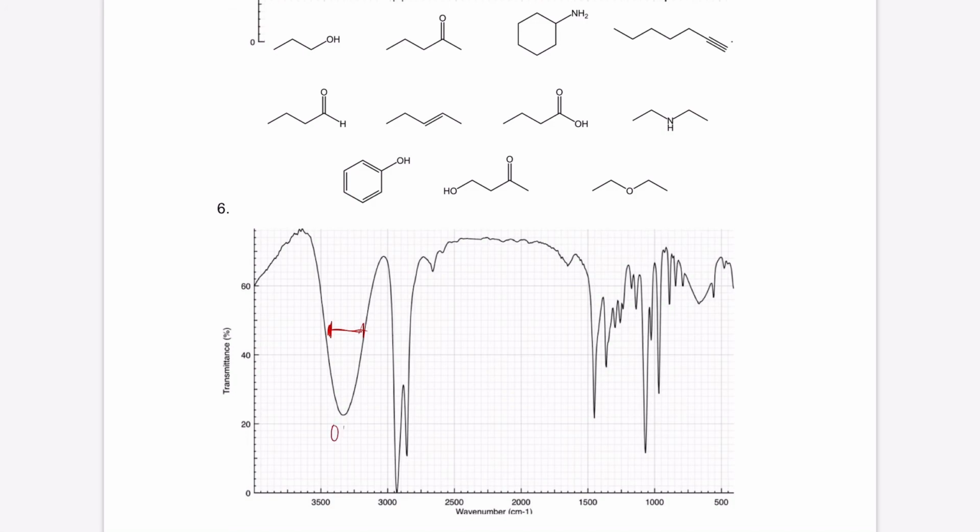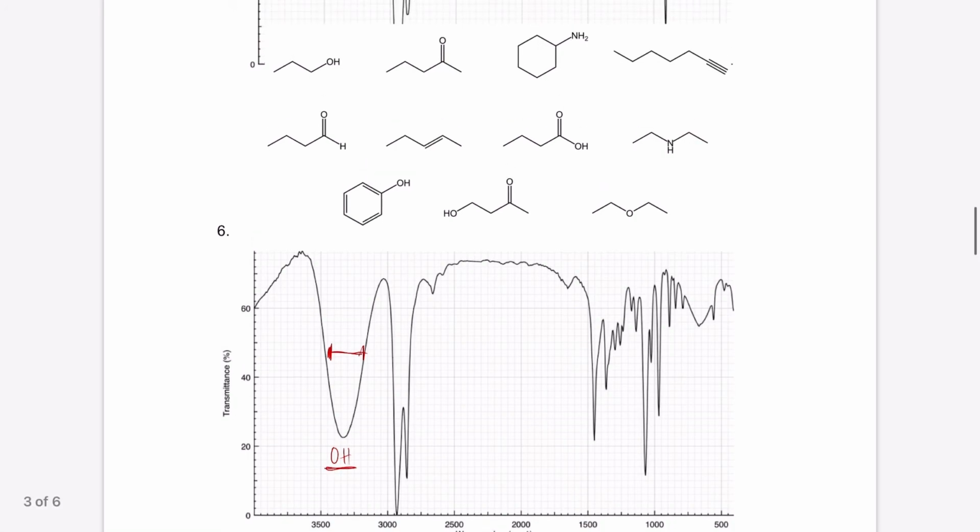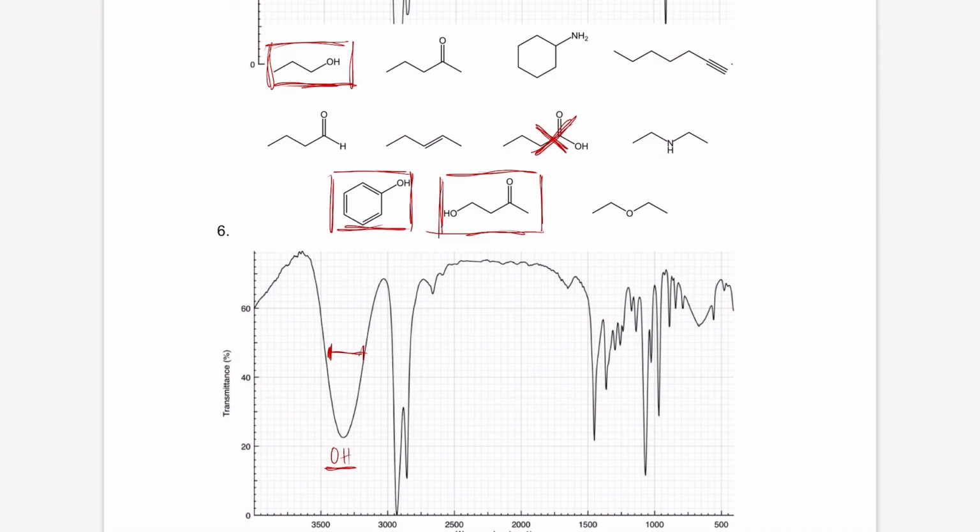I know beyond a shadow of a doubt that this right here is an alcohol. So that leaves us with either this compound right here, this compound, or this other compound. We've already used our carboxylic acid.